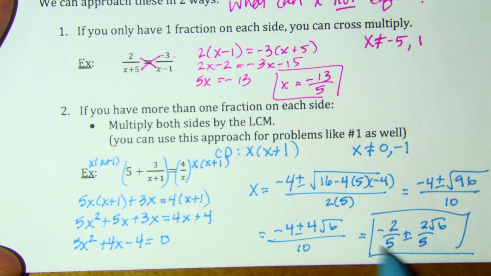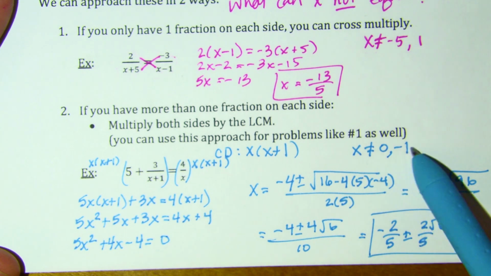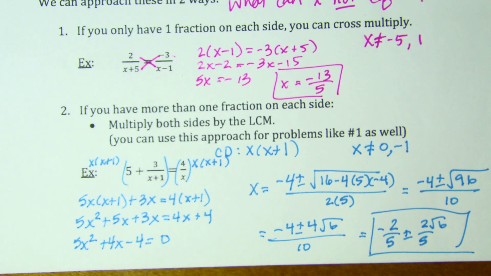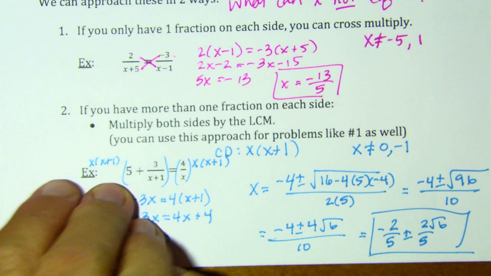Now, neither of these, negative 2 over 5 plus 2 root 6 over 5, and then the minus version of that as well, neither one of those simplify to 0 or negative 1. So those are both okay solutions. So we're going to go ahead and practice both of these methods and on to the next page.